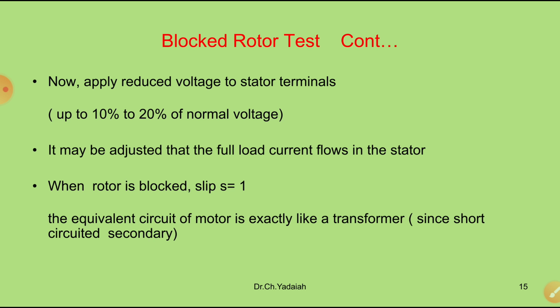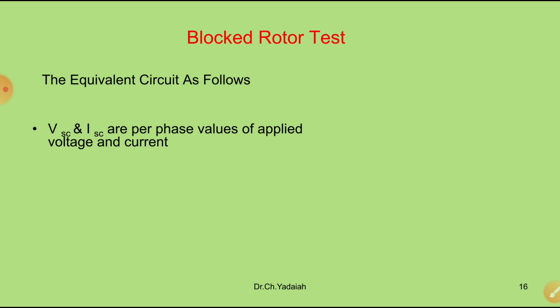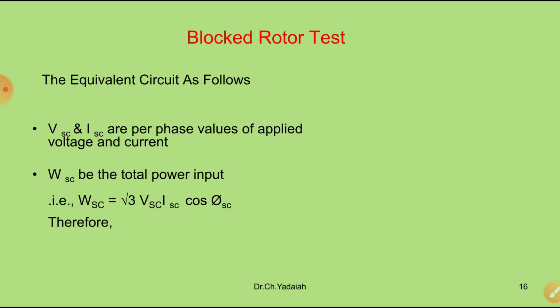The equivalent circuit of the motor is exactly like a transformer, since the secondary is short circuited. Then what is the equivalent circuit diagram? VSC is from the voltmeter, ISC is from the ammeter, values already taken. WSC is the total power input from W1 and W2.